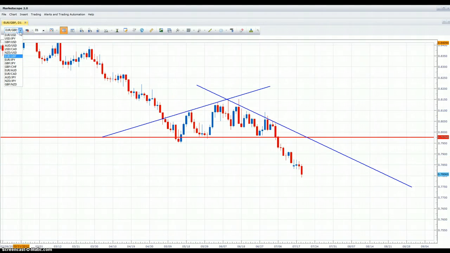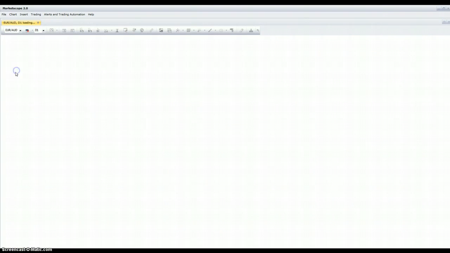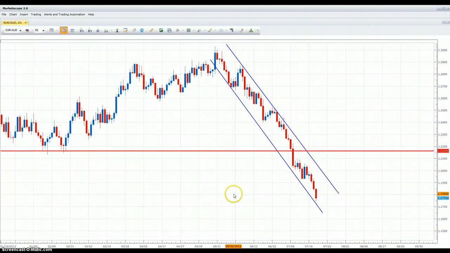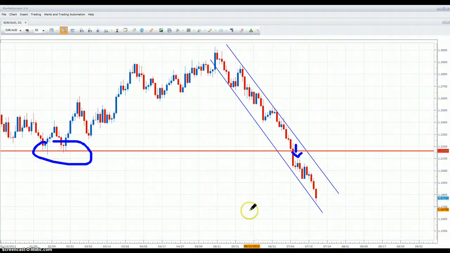All right, one more chart, and that is, of course, the Euro Aussie, because the Euro Aussie has just been outrageous lately. This is a short that we talked about a long time ago. I remember when it broke this level, we talked about getting short on here if we see signs of continuation. And boy, have we seen signs of continuation. Every day it seems like it just makes a new record low, and the momentum just continues and continues.